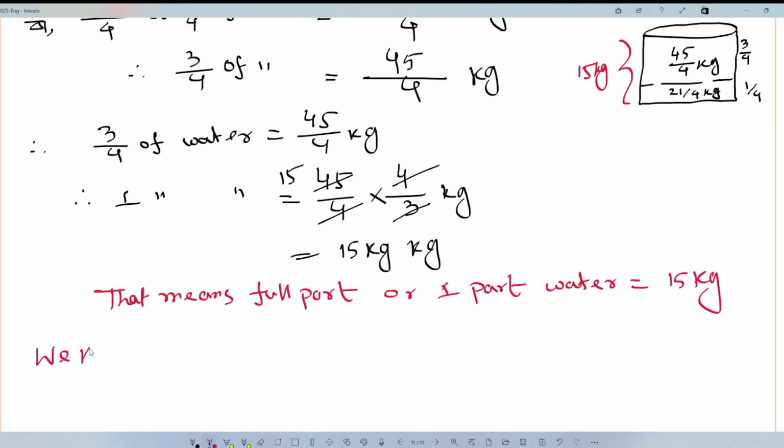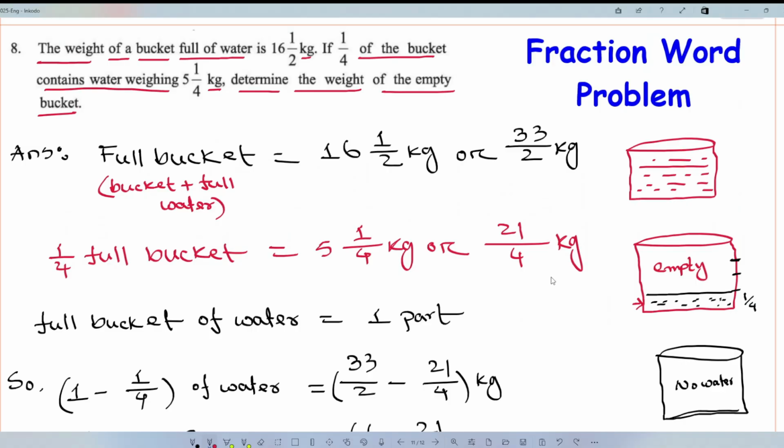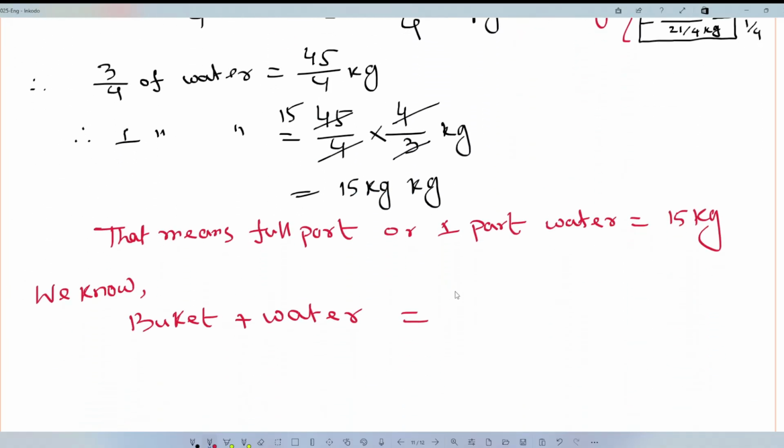We know bucket plus water equals 16 1/2, it means 33/2 kg, and only water is 15 kg.